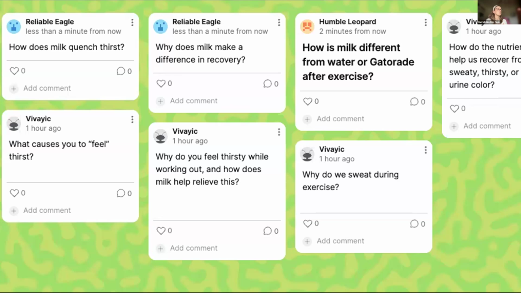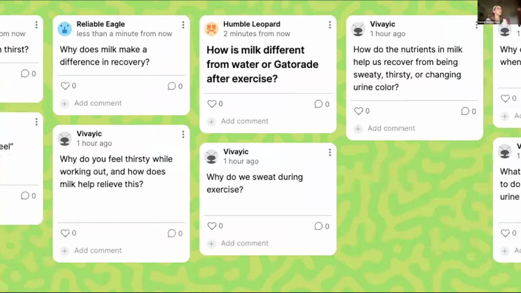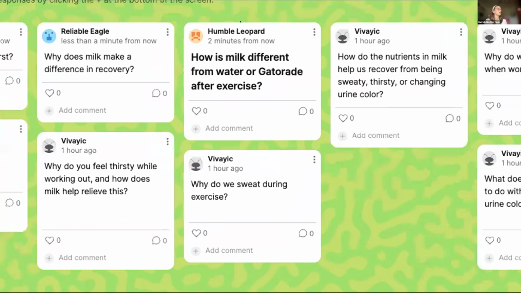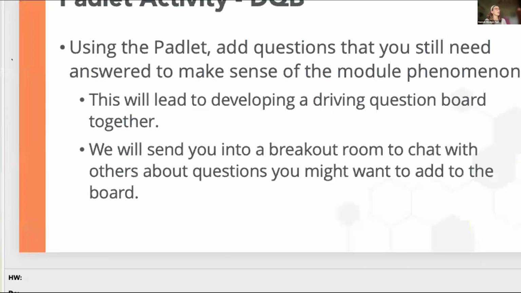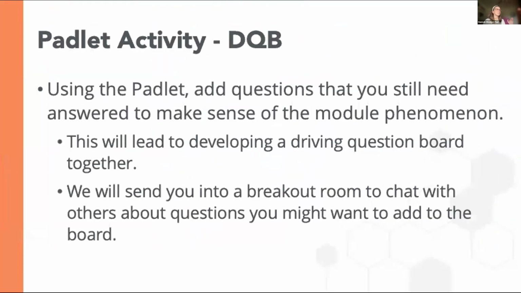We have some questions about sweating. We have some questions about what are the things in milk that make it a good recovery drink? Maybe identifying what are those things in Gatorade? Are those things in water? What are the differences? That's something we might do at this point to bring us into the rest of the lesson and the rest of the module.